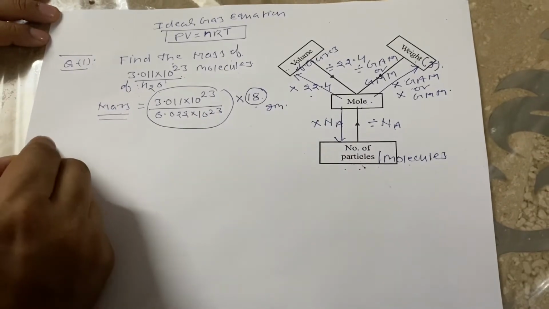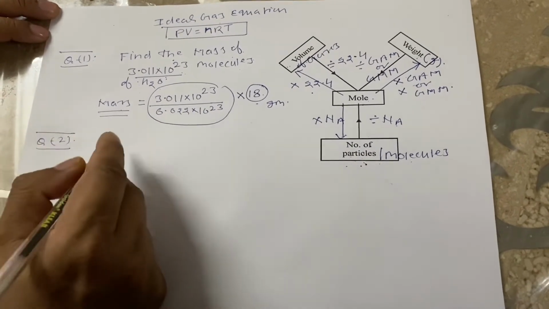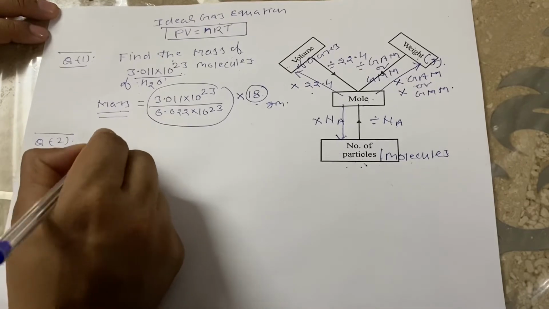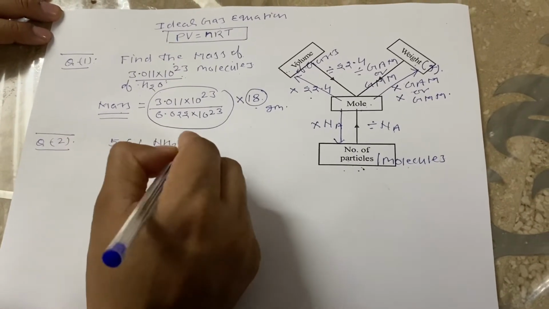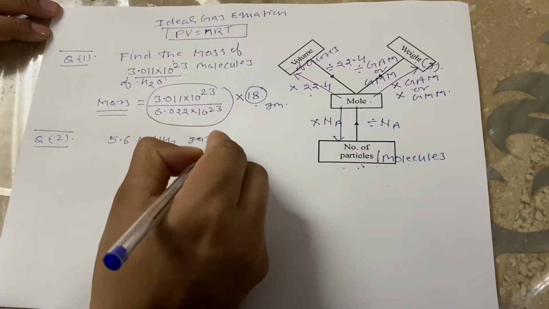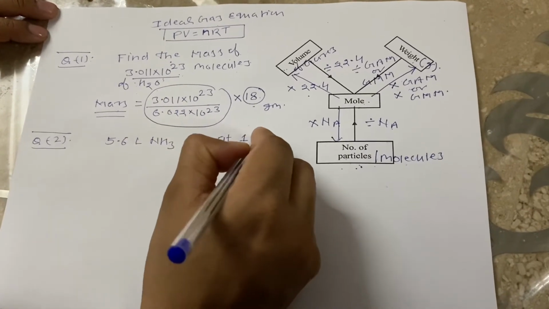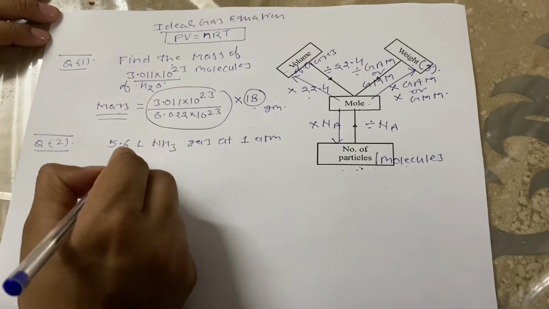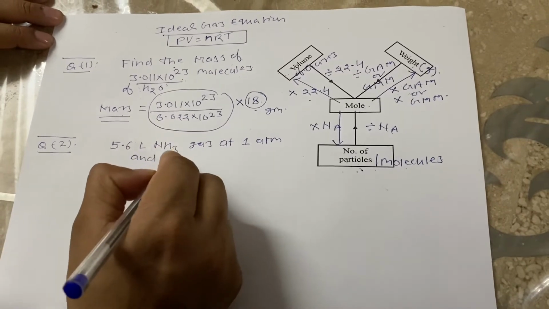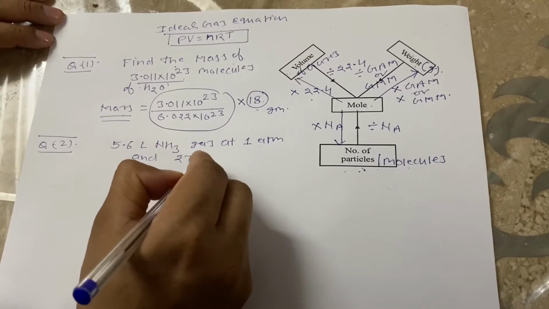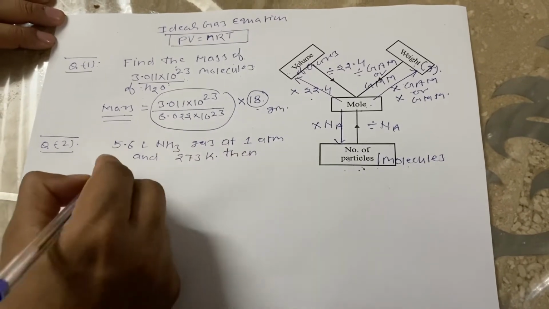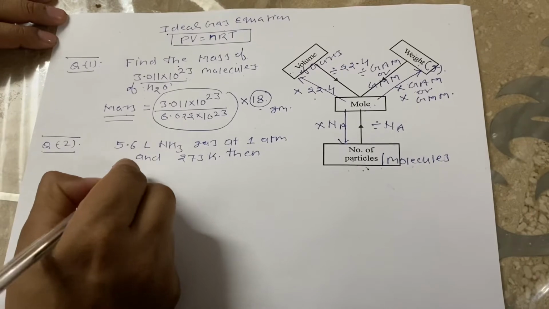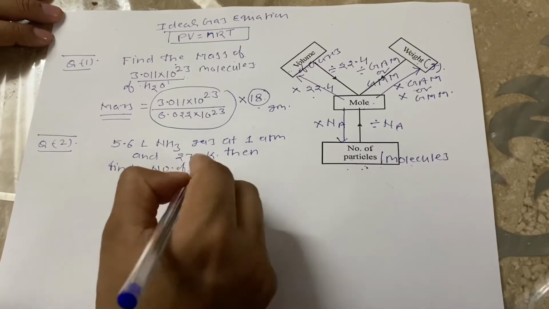Now we can take question number 2. If you are provided 5.6 liter ammonia gas at 1 atm and 273 Kelvin, find the number of molecules.